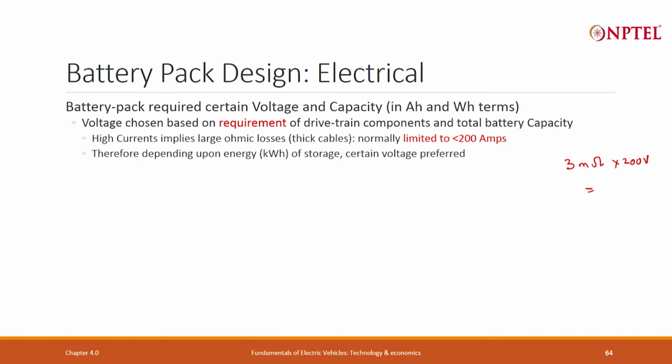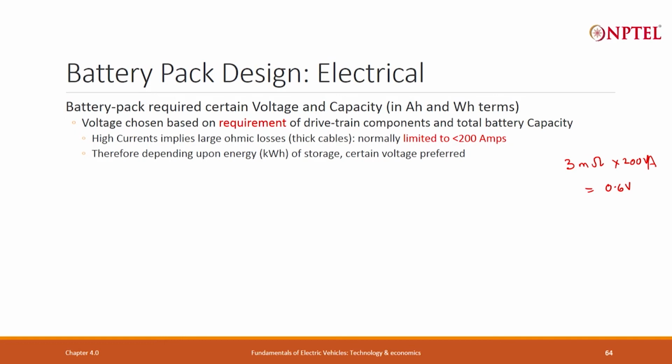Sorry, not I square R, it is V equals I into R. With 200 ampere, the voltage drop is going to be 0.6 volt. Now, that can be the difference.